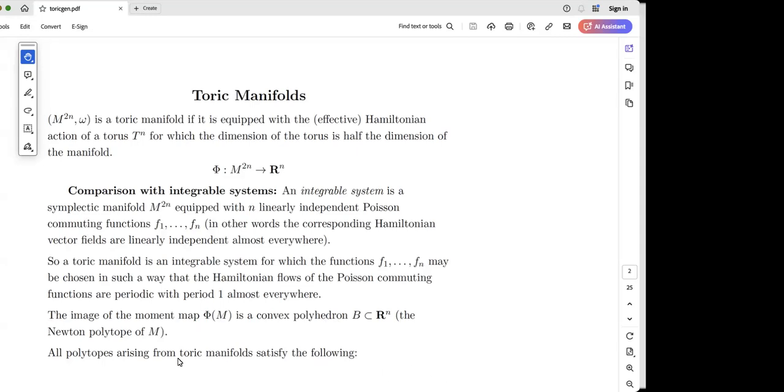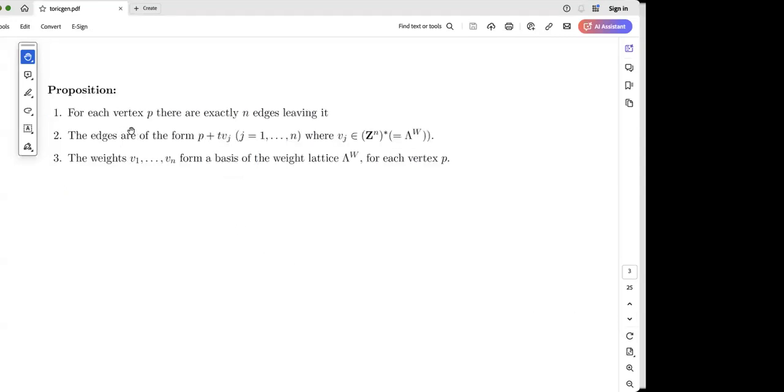So all polytopes arising from toric manifolds satisfy that for every vertex P, there are exactly n edges leaving it. And the edges are of the form P plus t v_j, where t is just a parameter and v_j is an element of the weight lattice, which I'll write as the dual of Z^n.